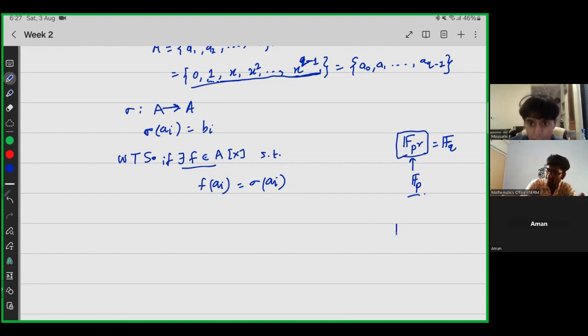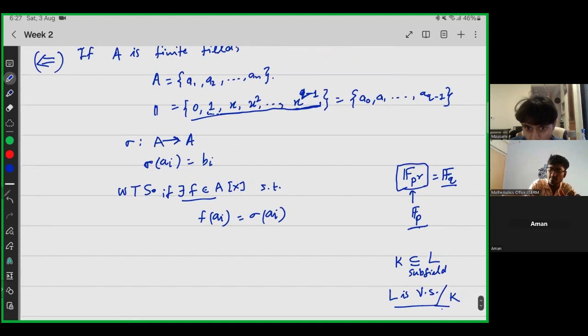In any case, if you have a subfield K of L, then L is a vector space over K. This is true, and here F_q is a vector space over F_p. But not all the vectors in this collection are basis elements. There will be some vectors which will form a basis.